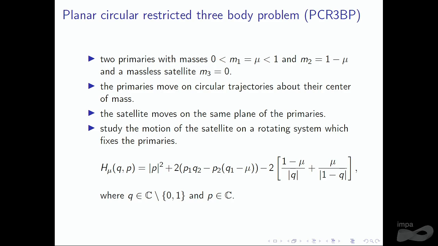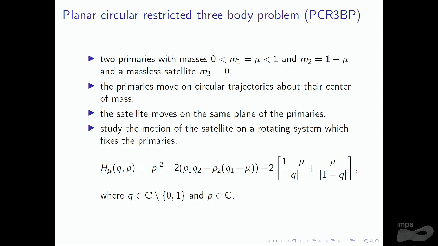Here we use the complex notation, meaning that Q is an element of the complex plane minus these two complex numbers here, because this is where the primaries are located.